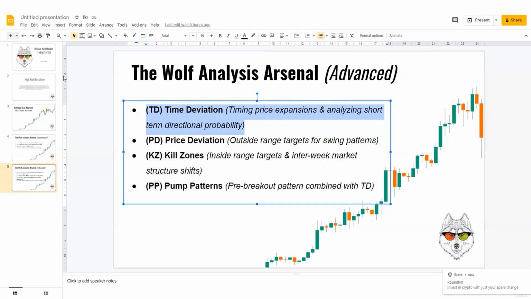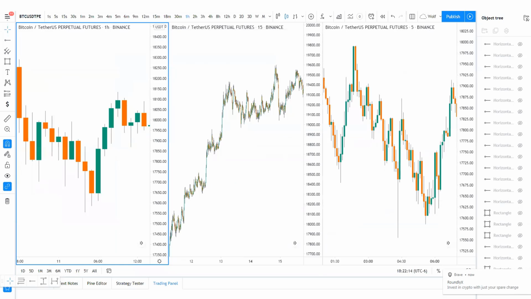And then price deviations is a lot of just keeping track of your range and what some of the favorite measurements are for your algorithm to reach to. I could really get into the whole algorithm thing.